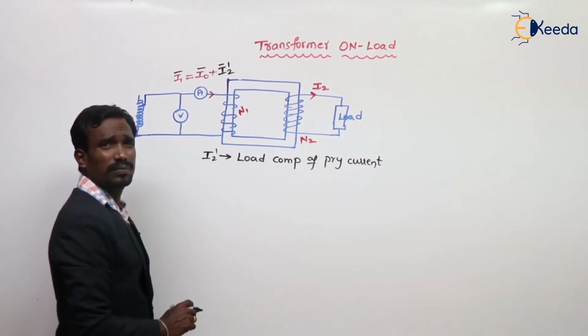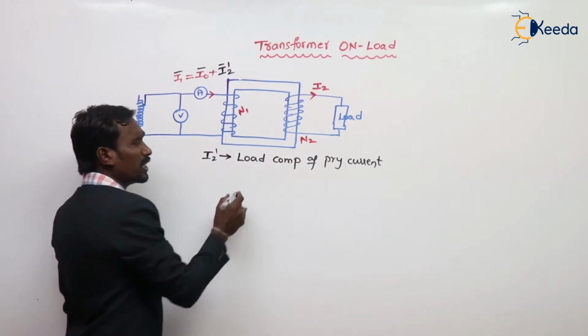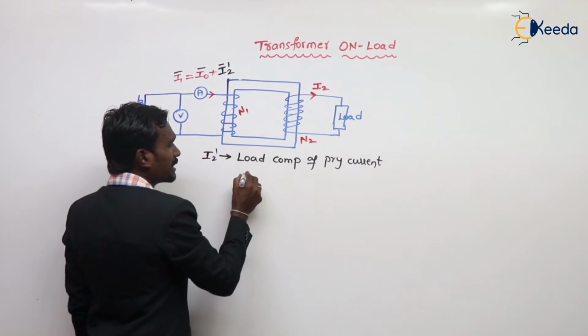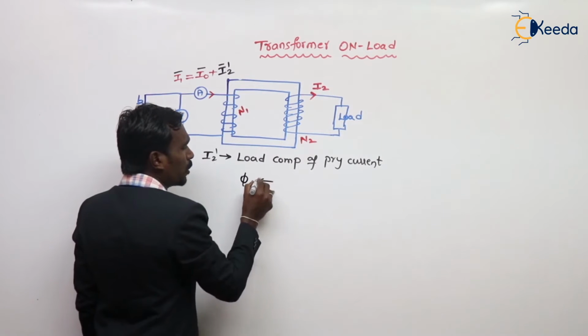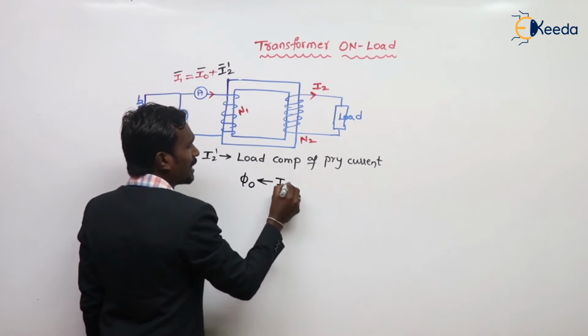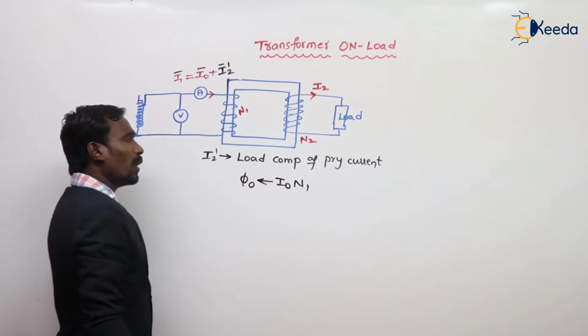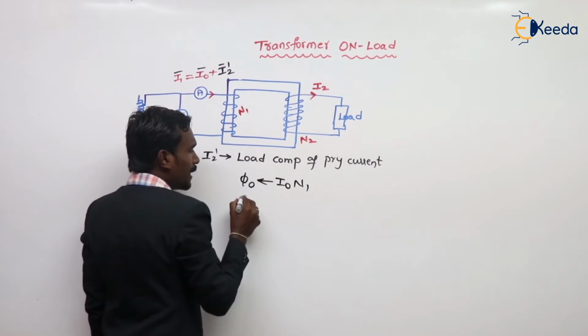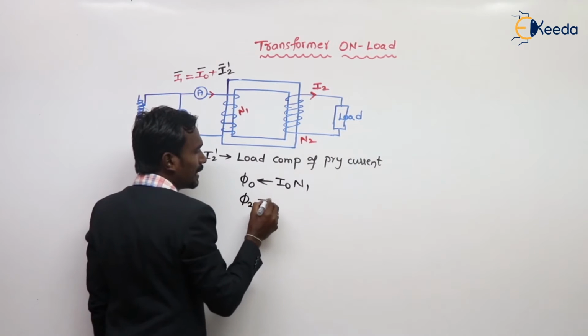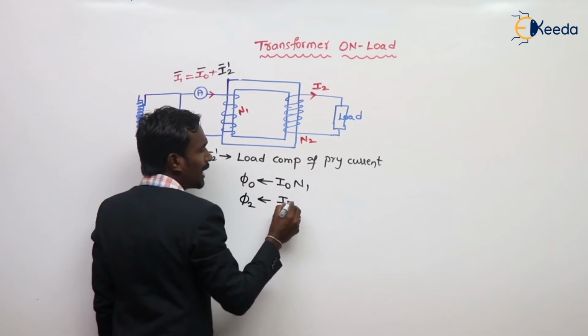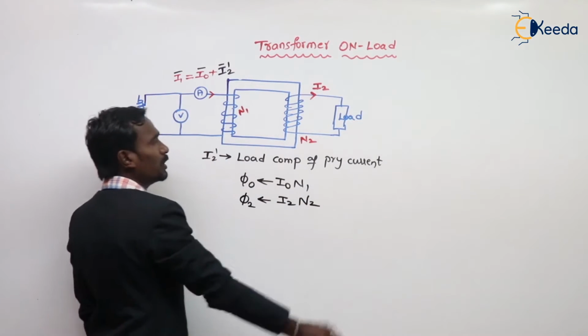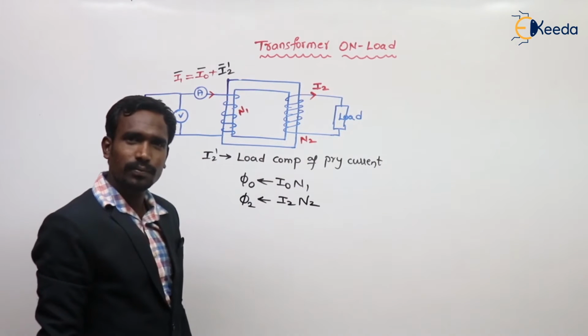At no load condition, the flux is phi naught. This is only due to the I0 current flowing through N1 turns. When the load is connected, some flux is produced in the secondary. This is due to the I2 current flowing in the N2 turns.